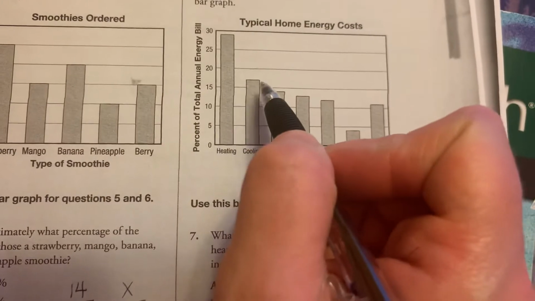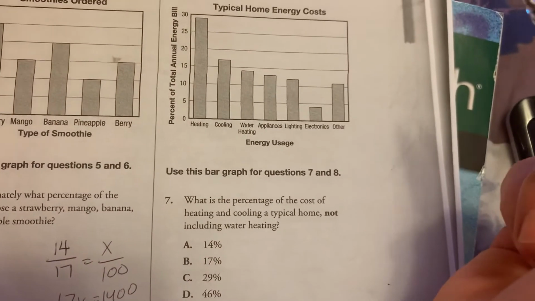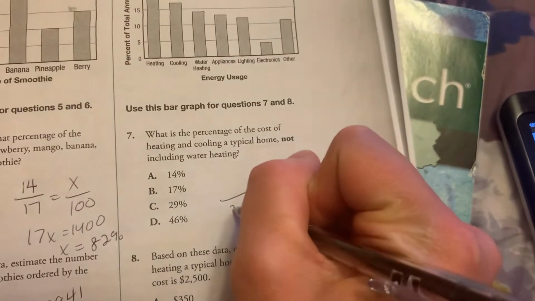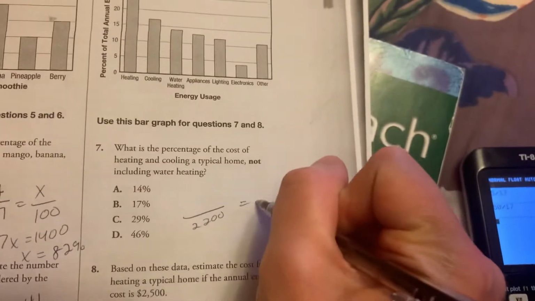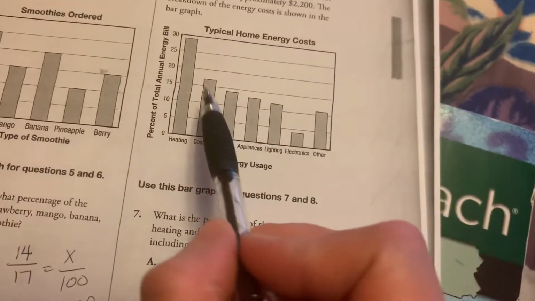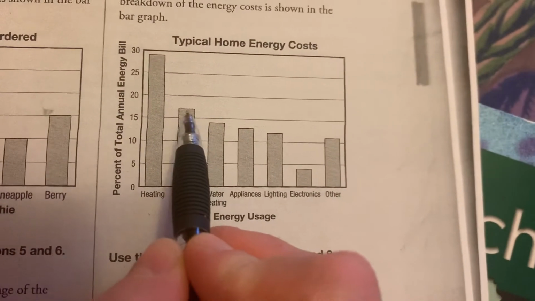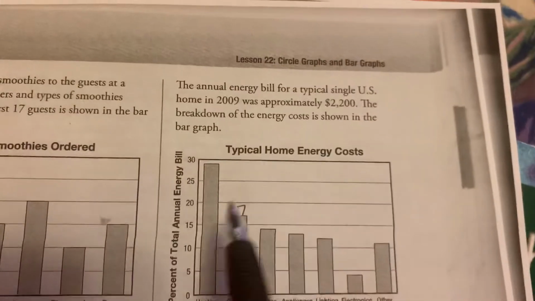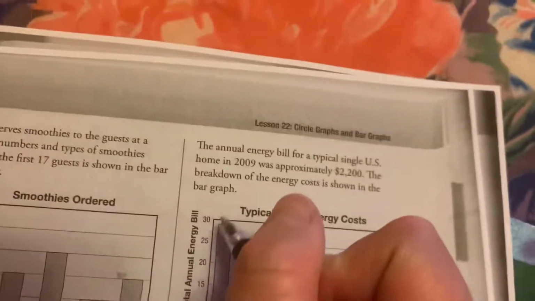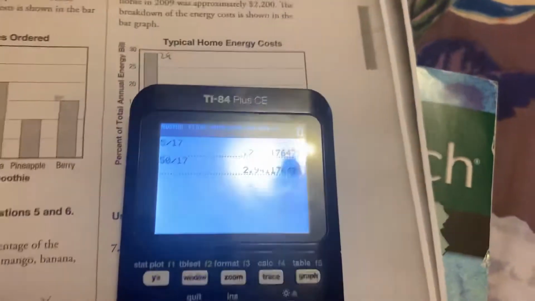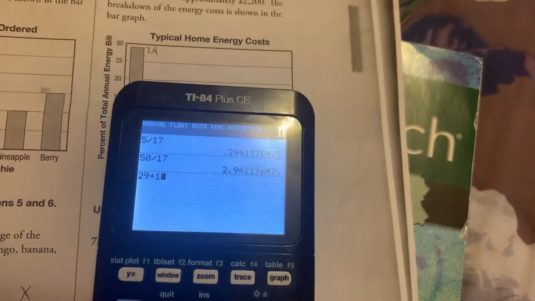So we're going to have to kind of guesstimate here. We're going to have to say out of 2,200, what percent is this? Percent's out of 100. Well, we see here cooling is about, you could say 17. And then you could say this is about 29. Here's the thing. If they don't give you specific numbers, it's going to be pretty darn close to what you have. 46.